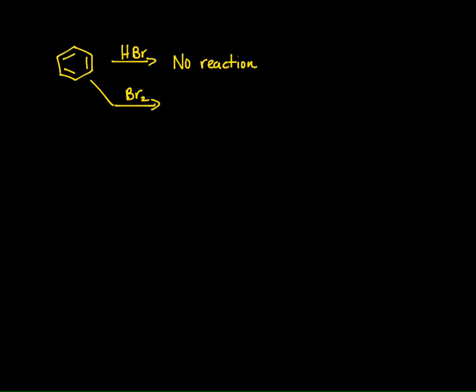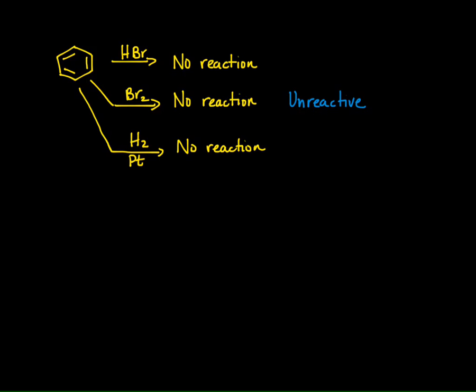When I react it with bromine, all of a sudden, no reaction. And I can even try to reduce this like I would reduce a normal alkene or conjugated diene, and I get no reaction. And so for some reason, benzene, right, 1,3,5-cyclohexatriene, is very unreactive.